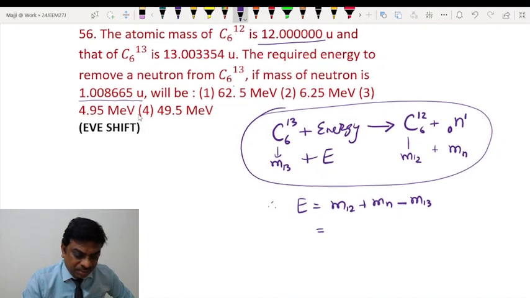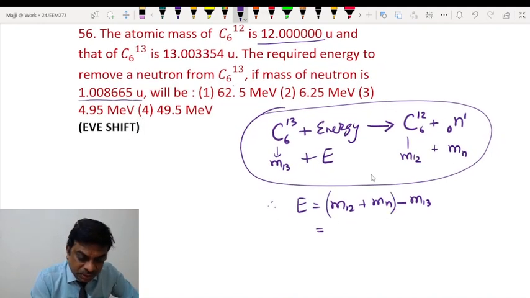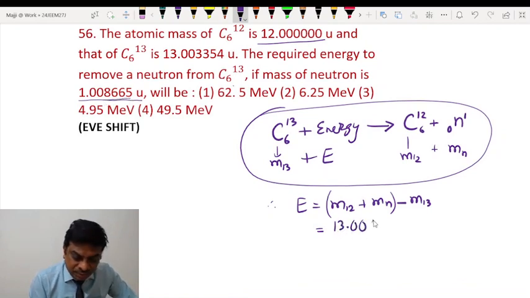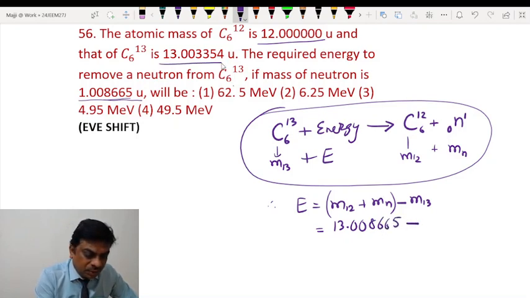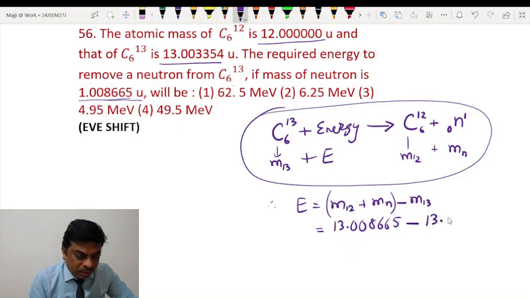If you combine these two masses, we have 13.008665, minus the mass of C13, which is 13.003354.